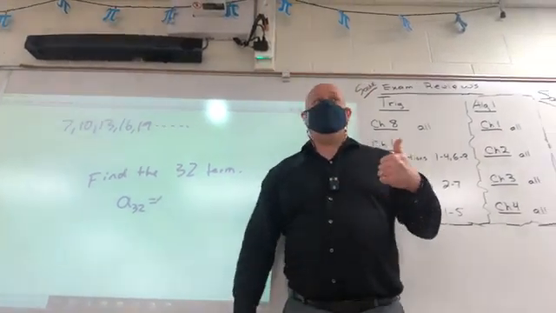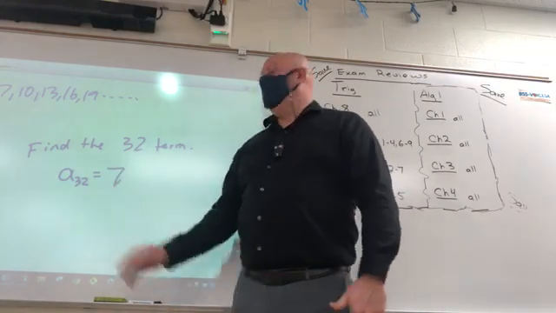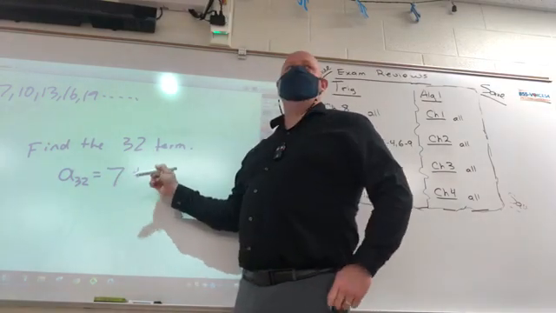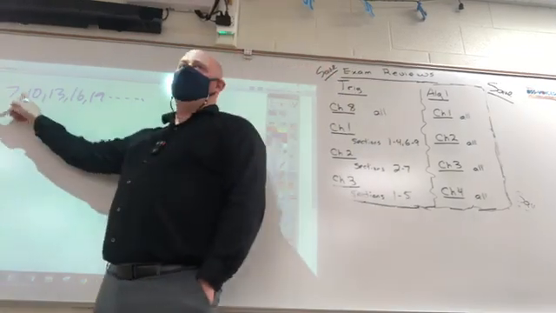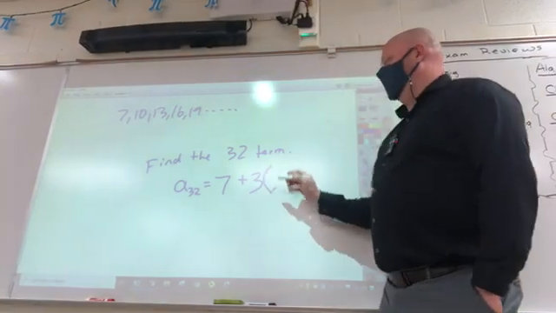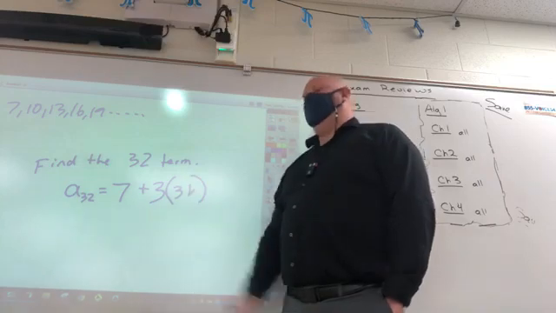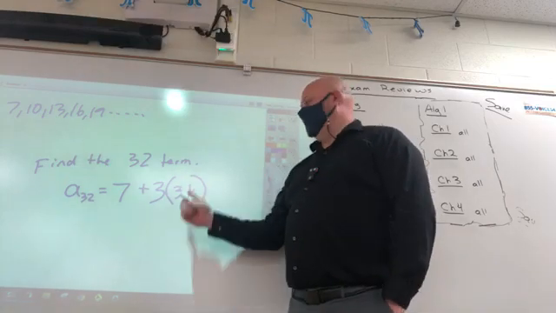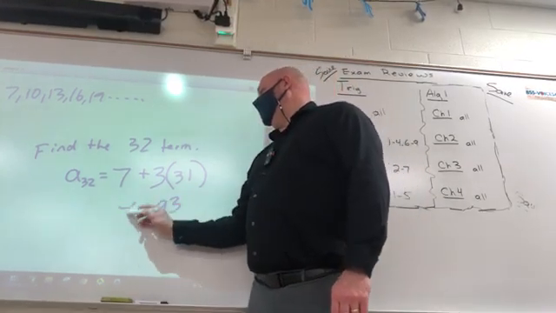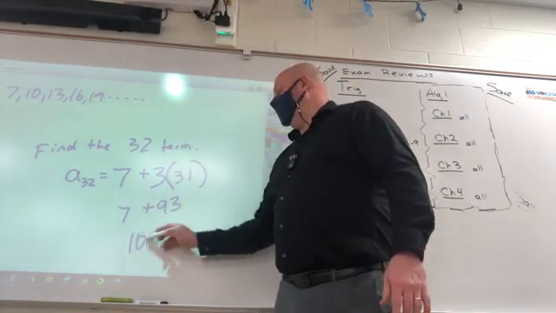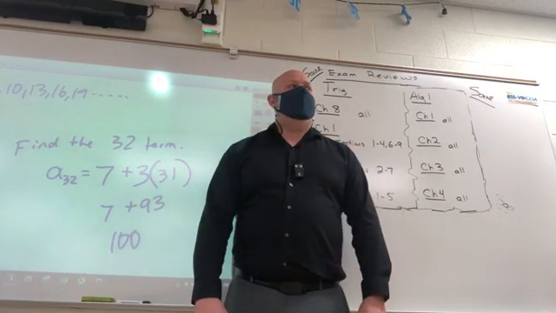What goes first? What's my a sub 1? So 7. Plus, what's the d value? 3, because we're going up by 3 each time, right? And then in this case, what's n minus 1? 31. So I would just do 3 times 31, which is 93. 93 plus 7 is 100. The 32nd term is 100. Easy enough?